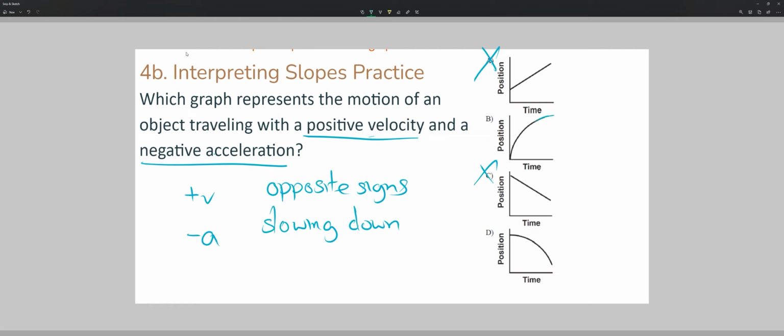Well, this graph right here looks like you're coming to rest. So you're slowing down. And the bottom one, D, is saying you're starting from rest, so it's speeding up. So the answer here is B.